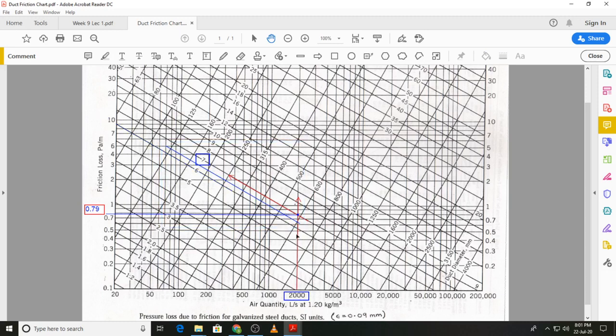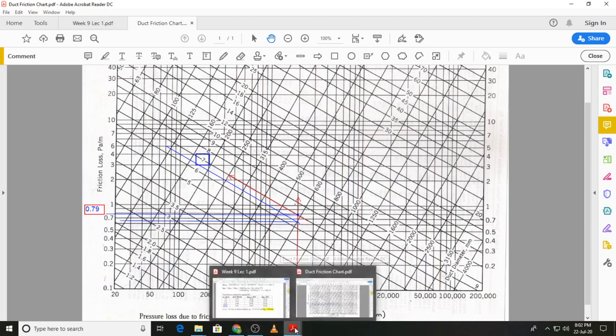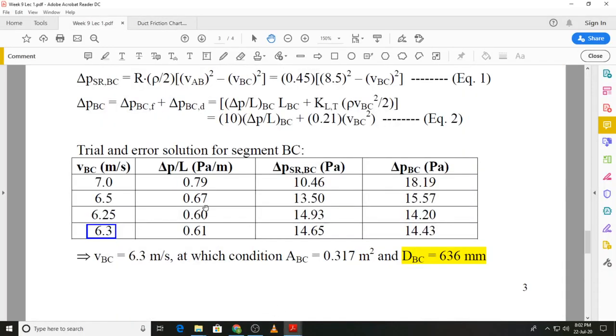and then again what you will have to do, where it intersects this line of 2000 liters per second, you will read the value of the friction factor. So if you read the value of the friction factor over here, we can see this is around 0.65, and I think that is what we had, 0.67.